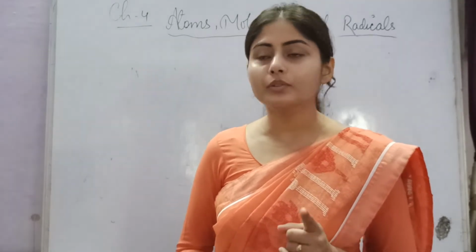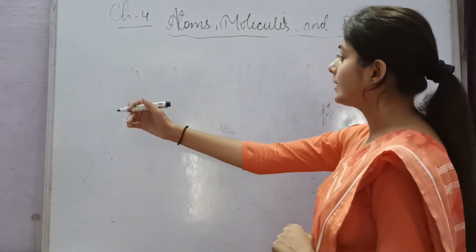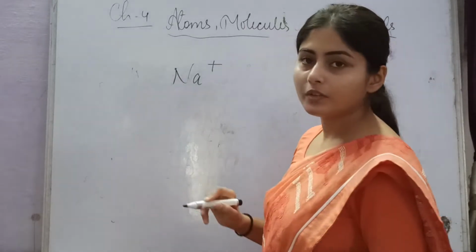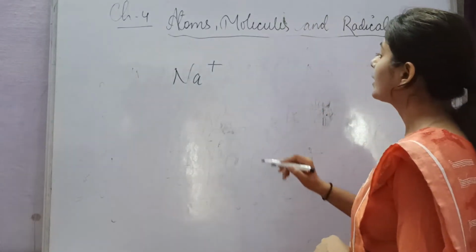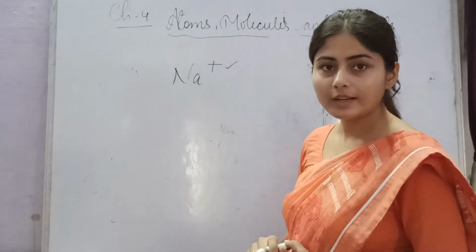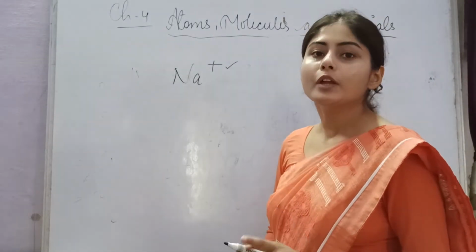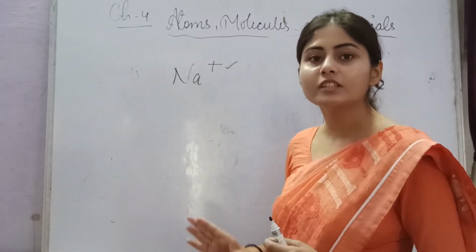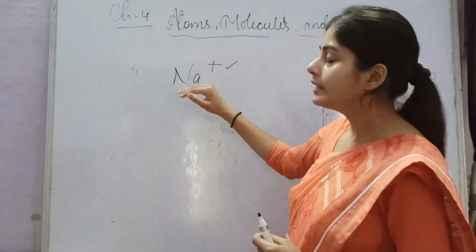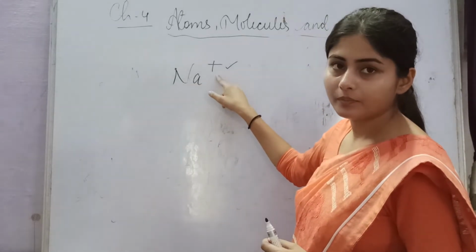So we will find out this. How? Let's see a very common example like sodium. Sodium is having one positive charge. To find out the valency of a radical, you only have to see the charges.